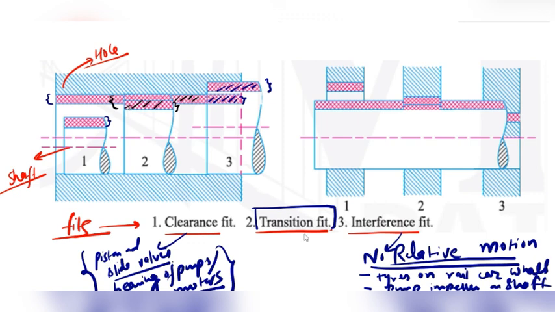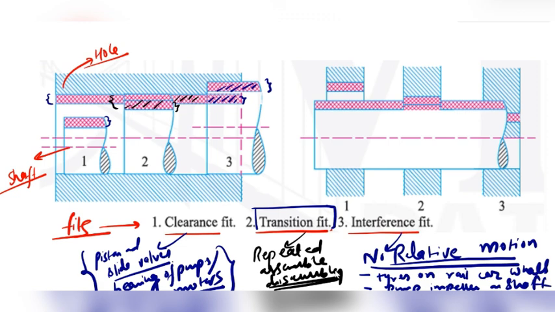Now what are the examples of transition fit? Transition fits are used where repeated assembly and disassembly has to be done in the shaft and hole or the mating parts.